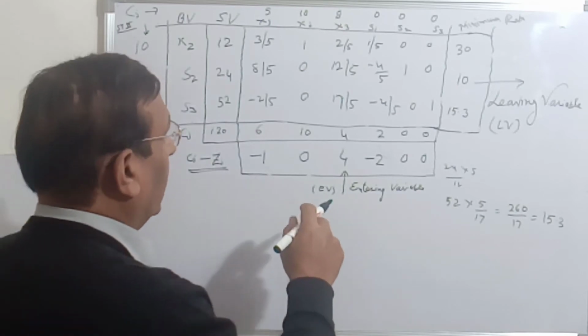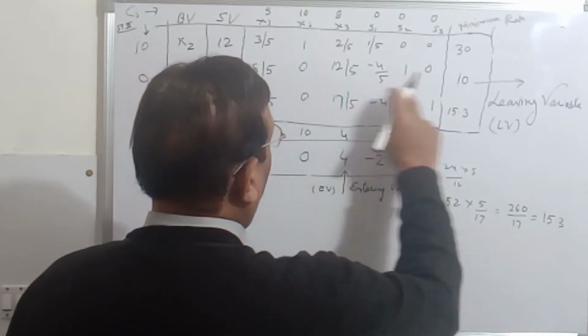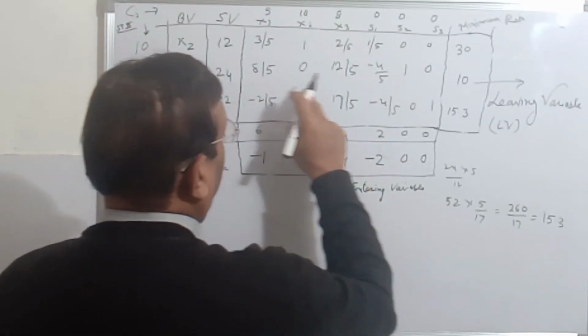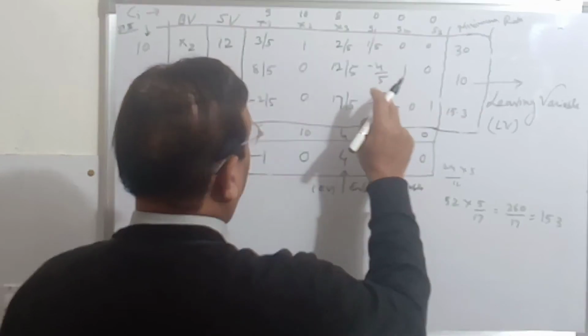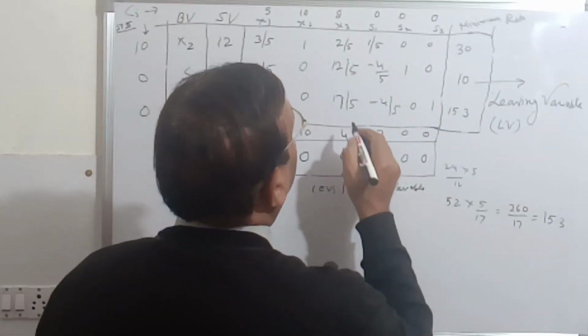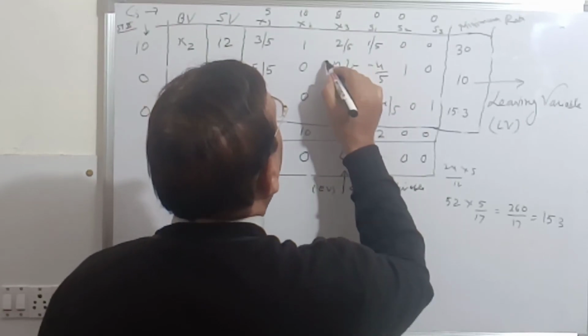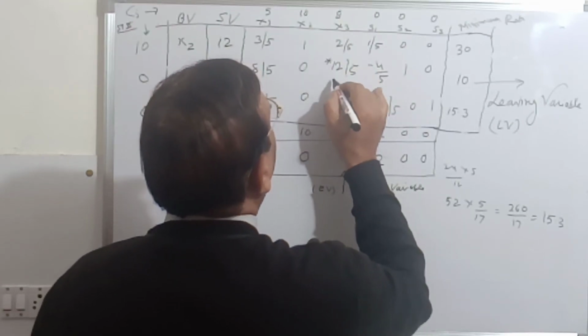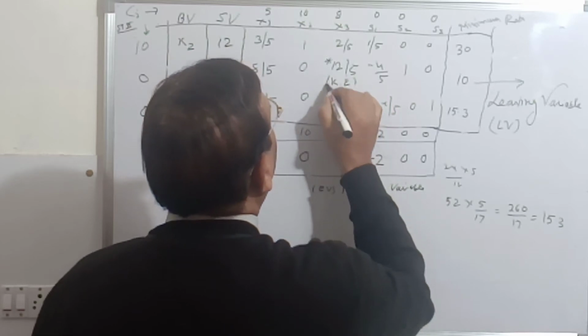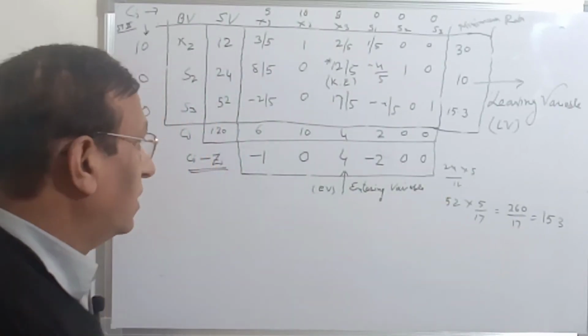And the element lying at the intersection of this leaving variable and entering variable is this. This is known as the key element.